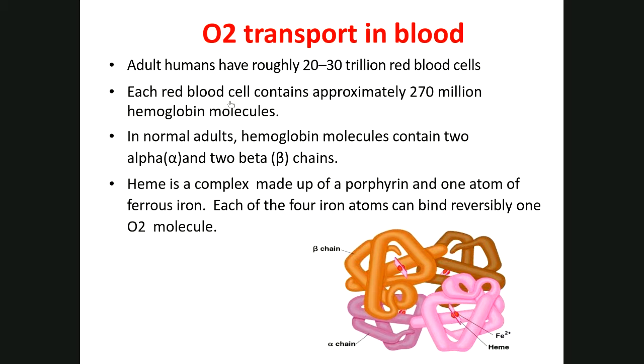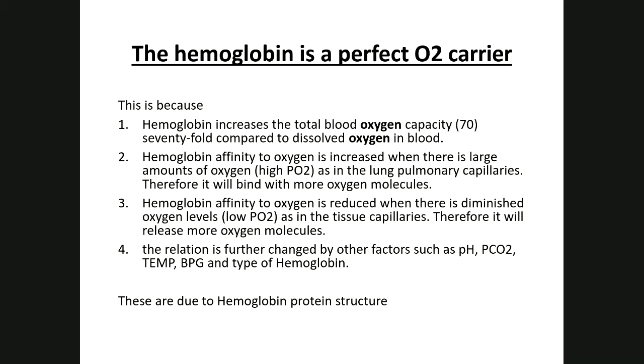What is the reason for that? Why is it the perfect carrier? This is because hemoglobin increases the total blood oxygen capacity. Our blood can carry 70 times more oxygen compared with the dissolved state. We can carry much more oxygen with hemoglobin than as dissolved oxygen in the blood.